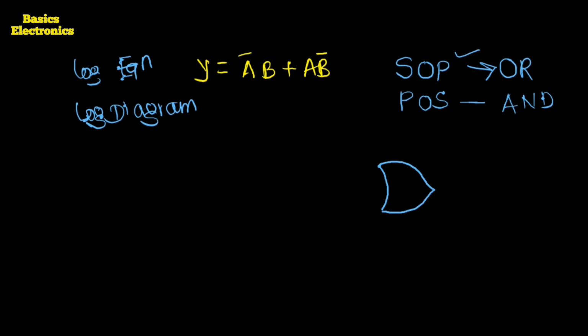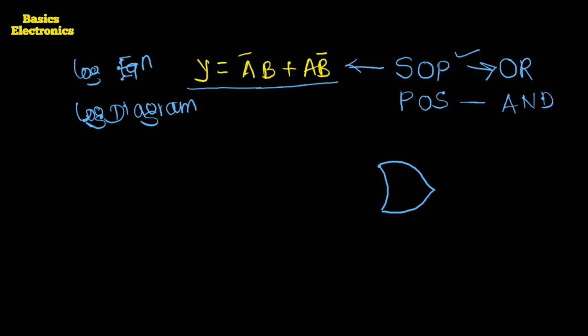So if this equation is A complement B plus A B complement, or we can say A bar B plus A B bar, it means this equation is in the sum of products form. So for the sum we require to use the OR gate here.